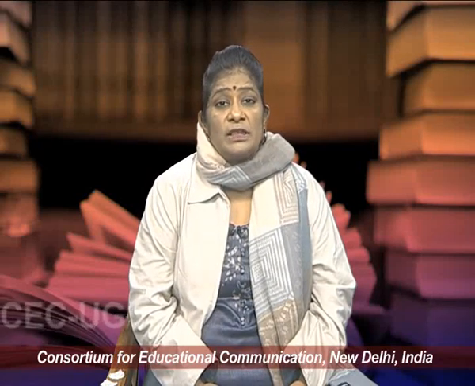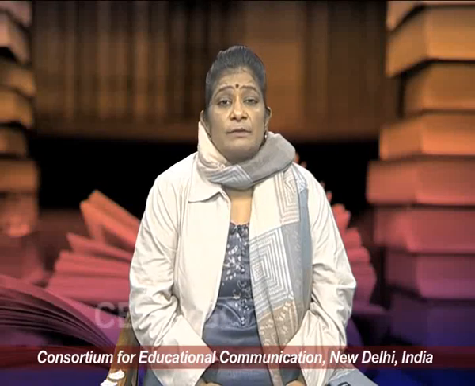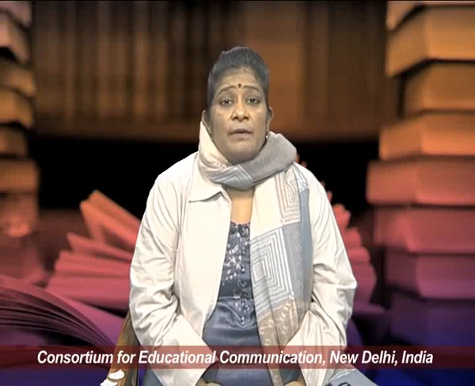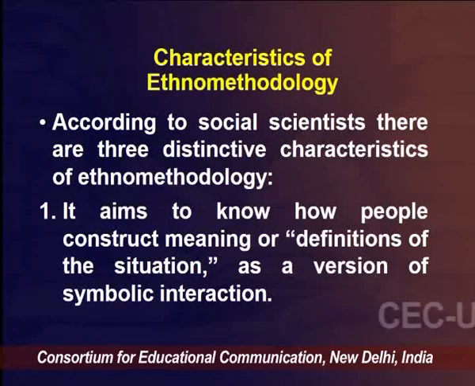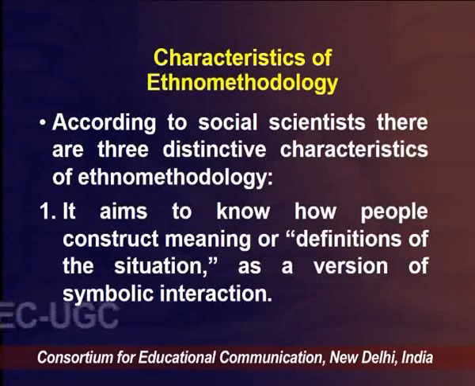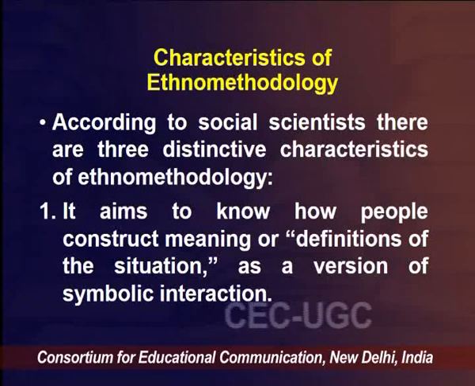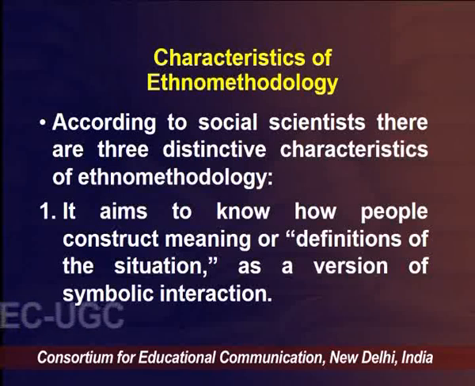Now, after understanding what ethnomethodology is and its origin, let us understand some of the characteristics. According to social scientists, there are three distinctive characteristics of ethnomethodology. Number one, it aims to know how people construct meaning or definition of a situation, as a version of symbolic interaction.